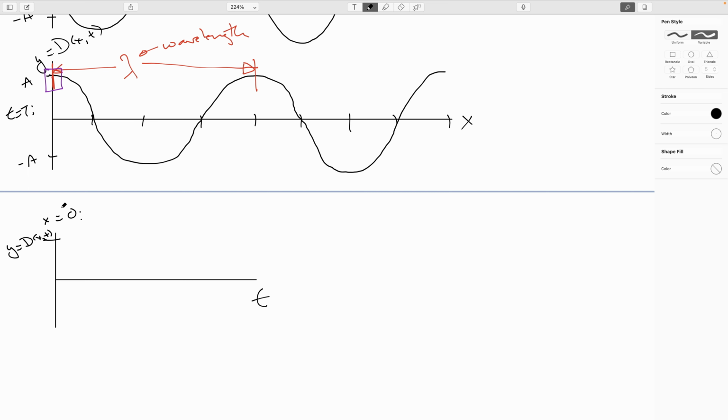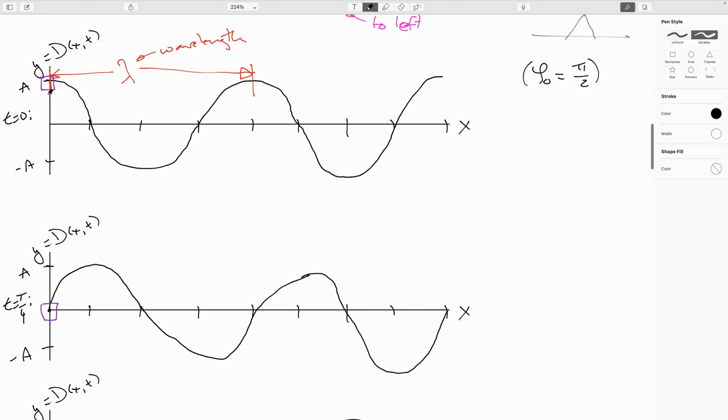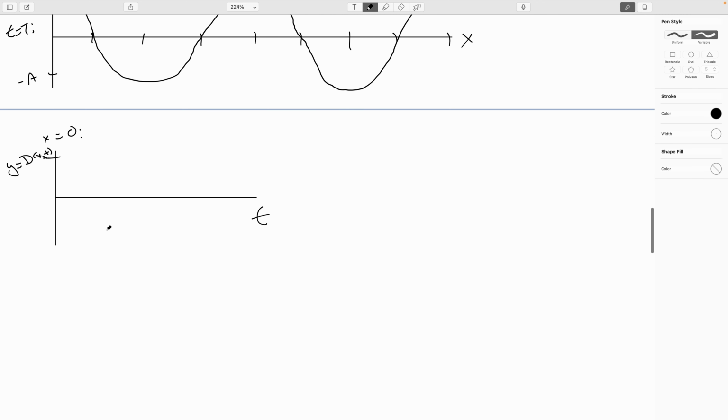So everything's happening at x equals 0. So initially at x equals 0, we are sitting up at a. So there's a there. And I'm just going to draw in a dot to represent where we are at x equals 0.